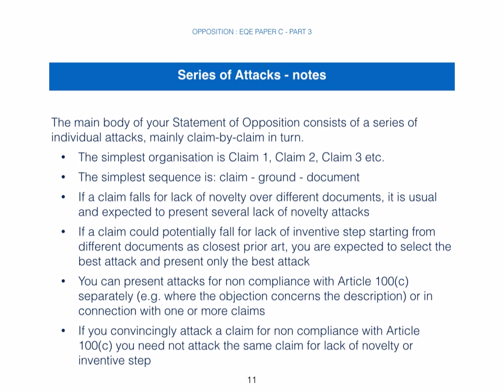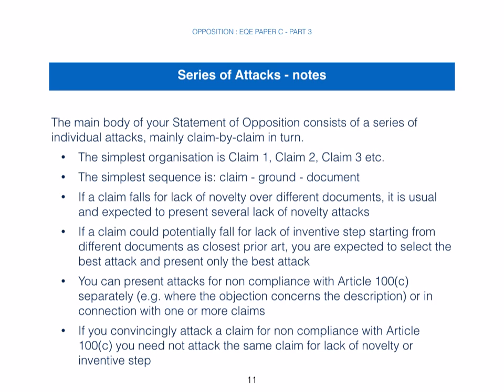You can present arguments for non-compliance with Article 100C separately, for example, where the objection concerns the description, or you can present these arguments in connection with the claim with which they are connected.